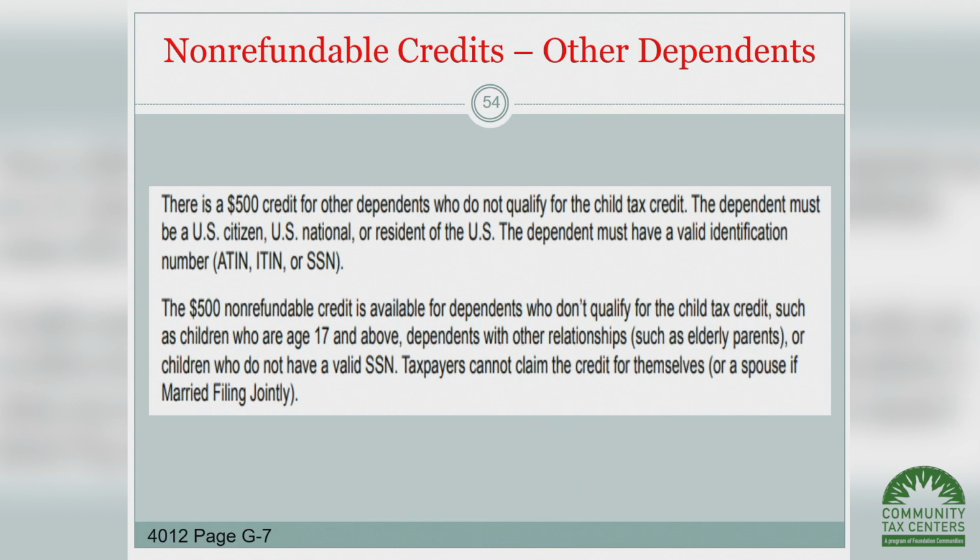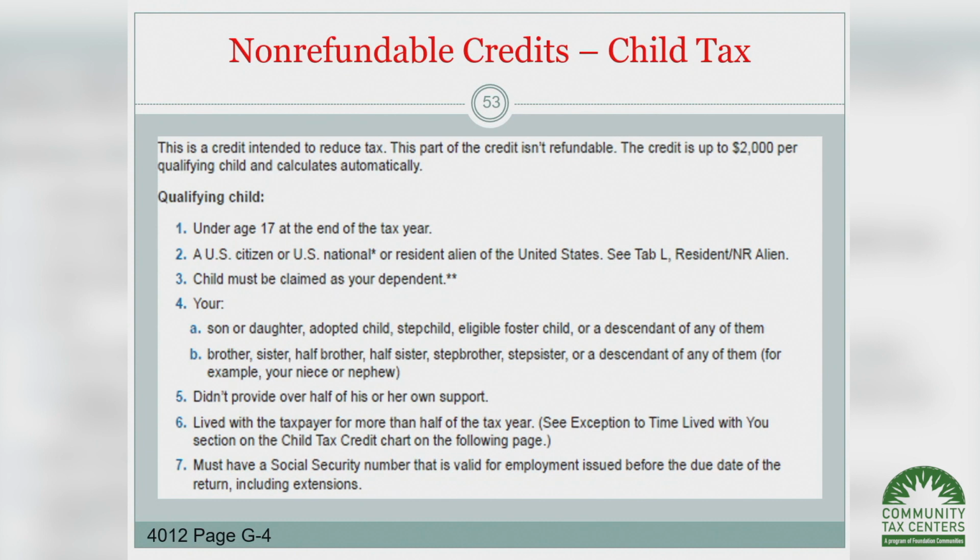If you're not a child tax credit for the non-refundable, there's another credit for people that are over the age of 17, and that is the credit for other dependents, which is a non-refundable credit. And this one is the $500 non-refundable credit. This is for individuals who are over the age of 17, still being claimed as a dependent. Can we go back to the child tax credit and the dependent credit?